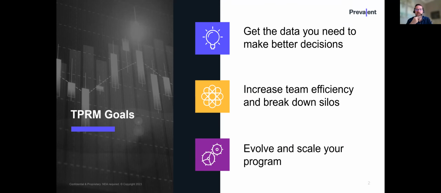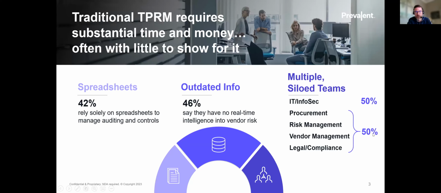Second is increasing efficiency in assessments and monitoring and remediation and more by breaking down silos of information and tools and systems that are inherent in almost every organization. And third, evolve and scale their programs over time as the number of third parties they work with increases. How do they position themselves effectively to accommodate the additional level of assessment and remediation work that has to be done, accordingly.